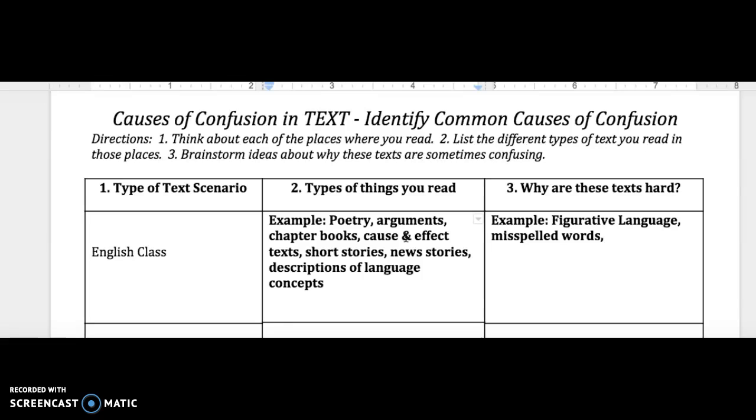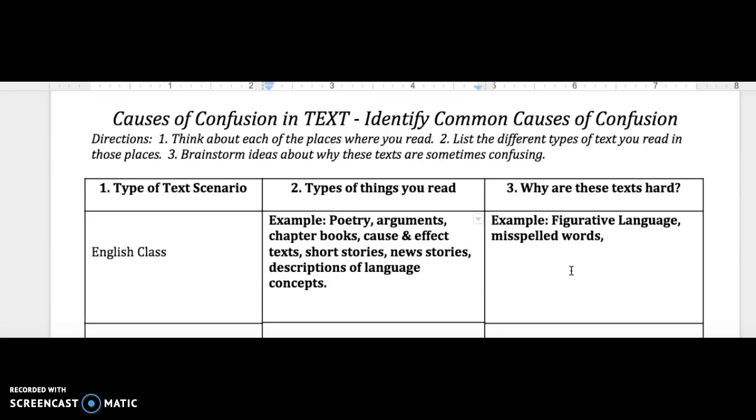So we'll just end it there. We don't need to have an exhaustive list. We just need to have a list of a few things you read in English class. And so then we need to think about why those texts are sometimes hard.